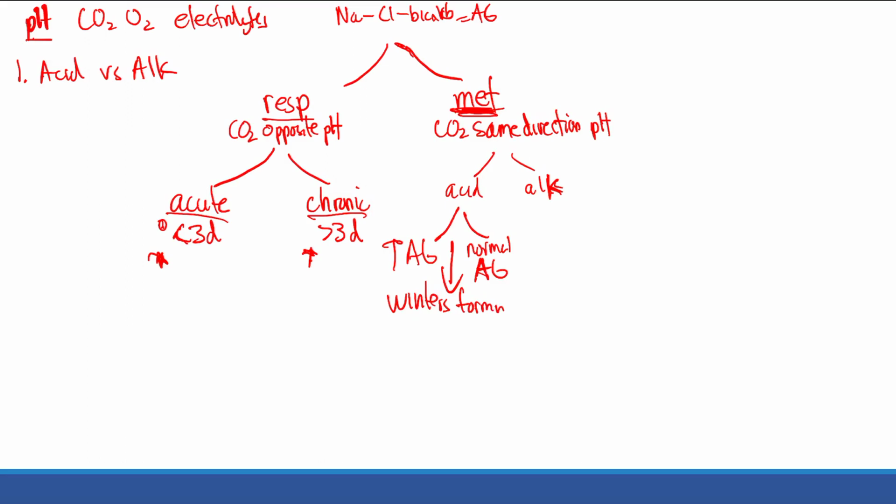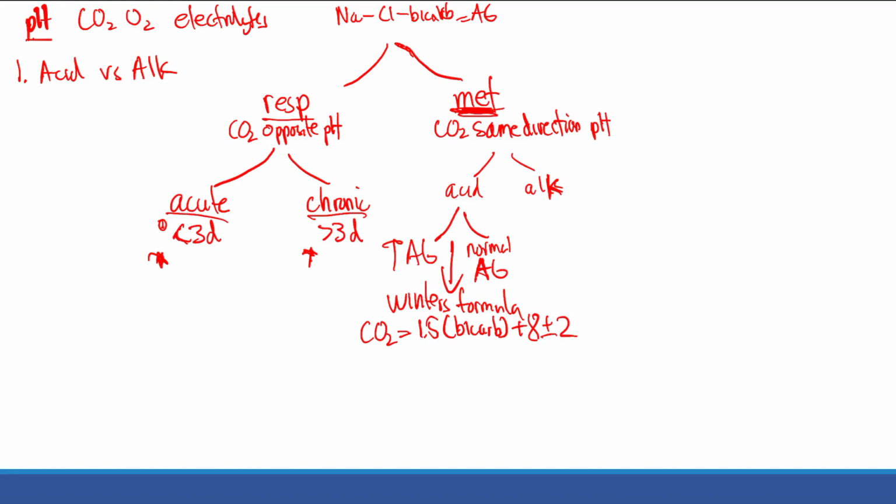Okay. And what is Winter's formula? You might have been taught this already, but CO2 should equal 1.5 times bicarb plus 8, plus or minus 2. Okay.